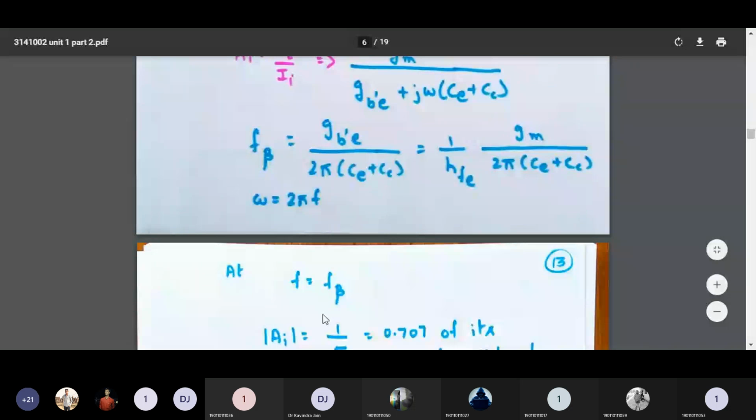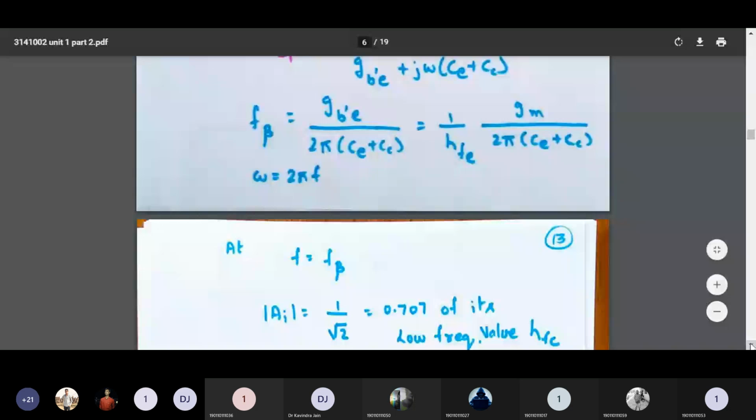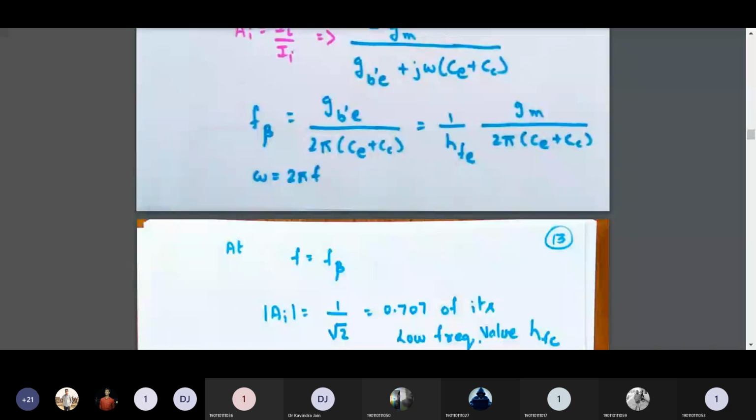my AI becomes 1 upon root 2, that is 0.707 of its lowest frequency value. For hfe, AI is equal to 0.707. This frequency range is for the bandwidth of the circuit. Value of AI at omega equal to 0 is minus hfe.